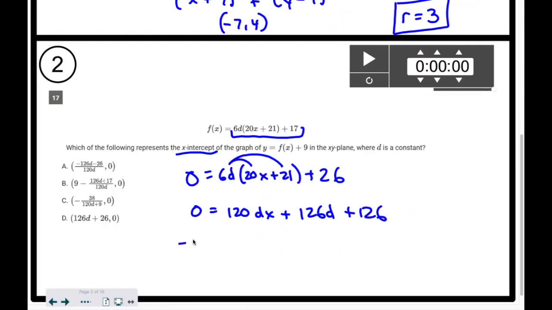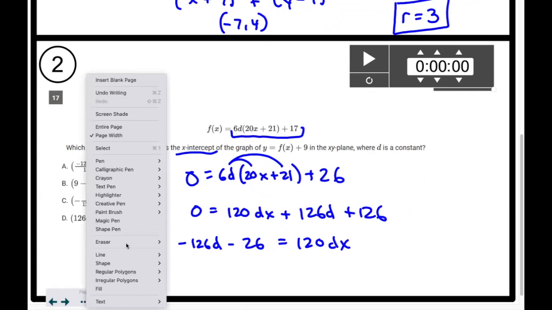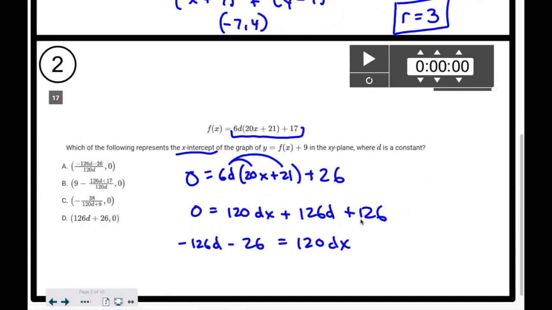So negative 126d minus 26. For some reason, I wrote a 1 here, but that is wrong. So I'll go fix that in a second. All right, so this over here was supposed to just be 26.